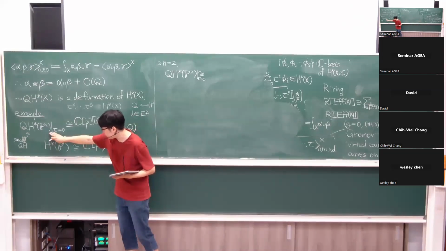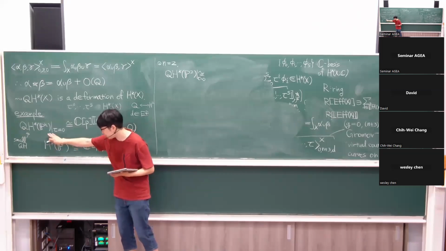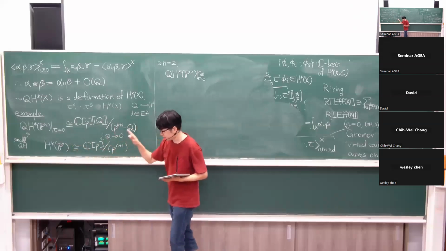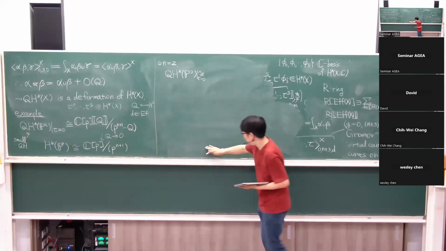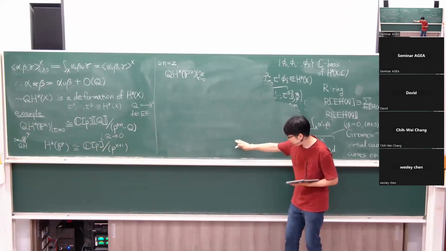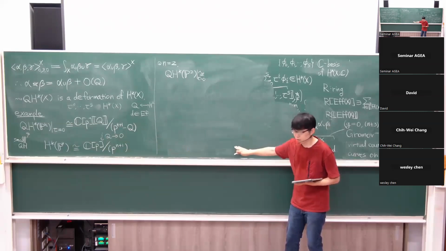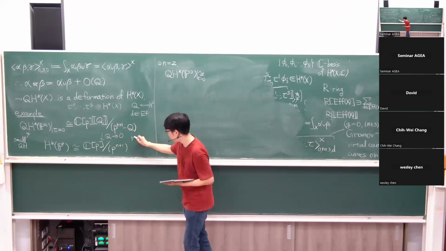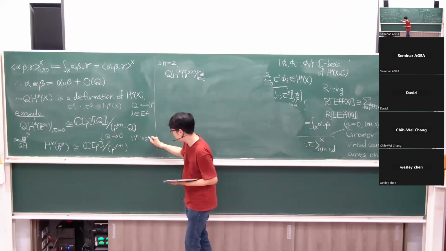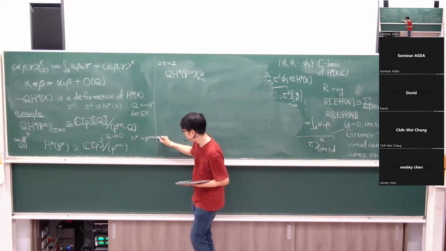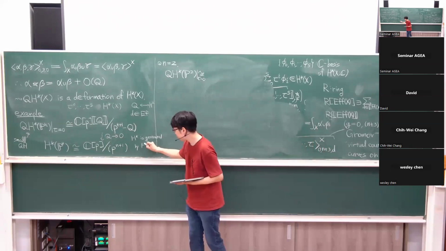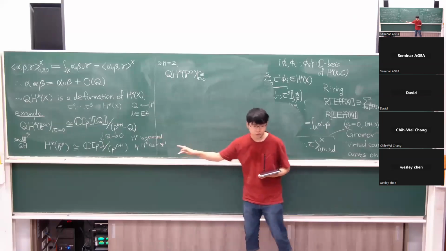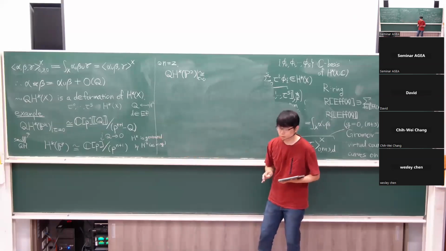If we understand small quantum cohomology, then actually we can compute the total quantum cohomology. I like here the definition of quantum cohomology, and this is called big quantum cohomology. In this case, or more generally, if H star is generated by H2 as a ring, then if we know small quantum cohomology, we can compute big quantum cohomology.